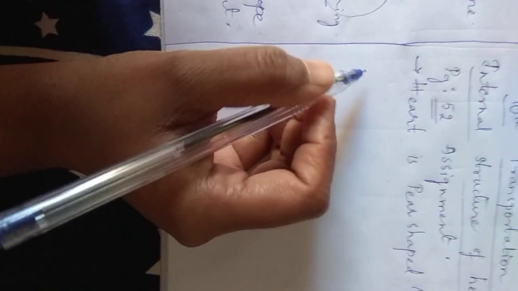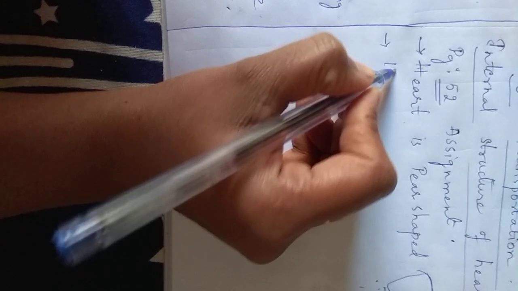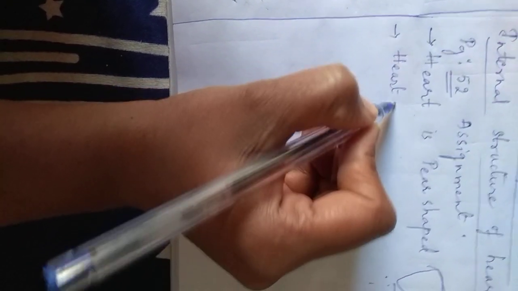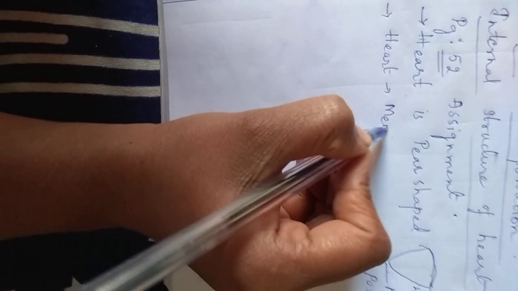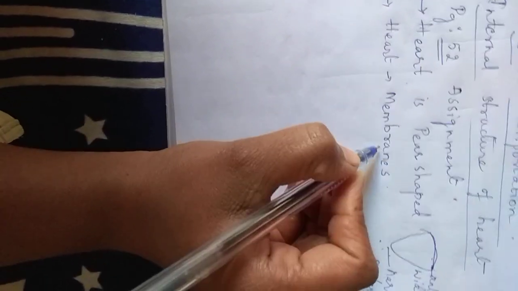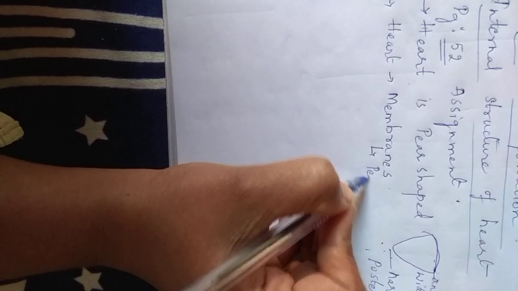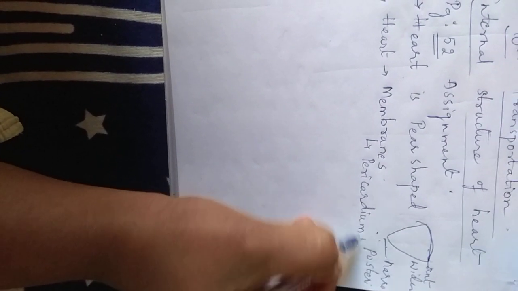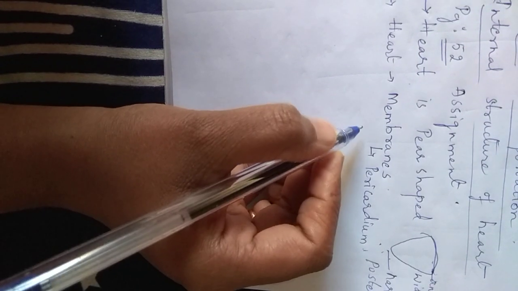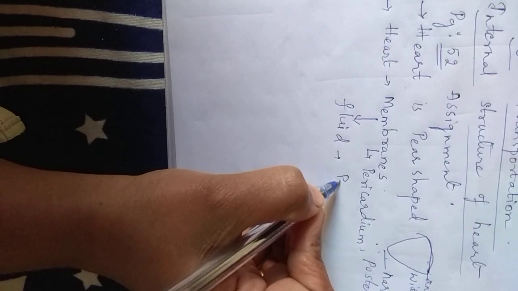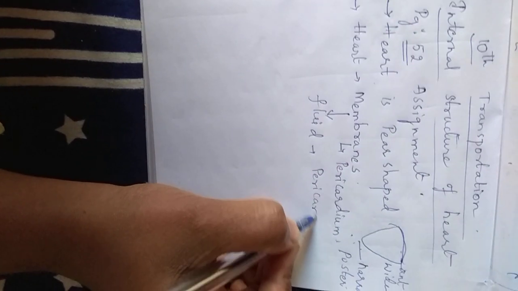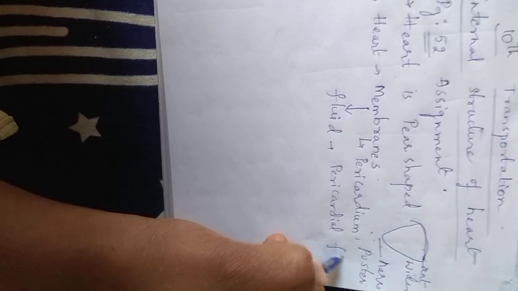Heart is covered by membranes, and those membranes are called pericardium or pericardial membranes, and between these membranes there is a fluid called pericardial fluid.